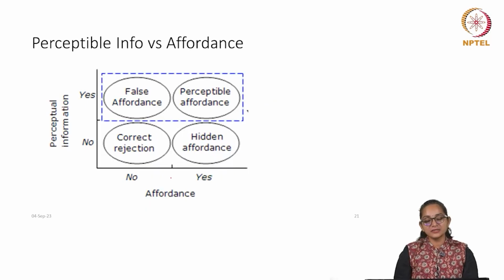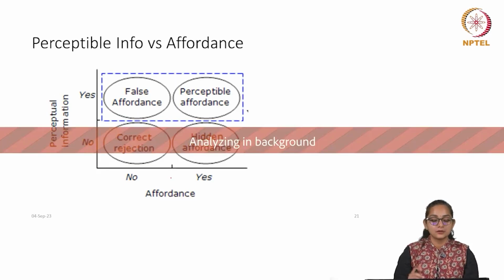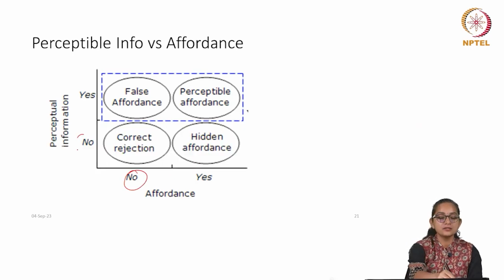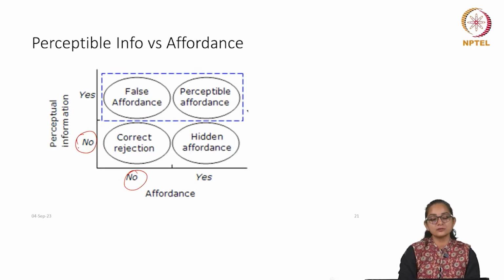This table can help you understand the relationship between perceptual information and an affordance. If there is no affordance and there is no perceptual information, then it is a correct rejection.